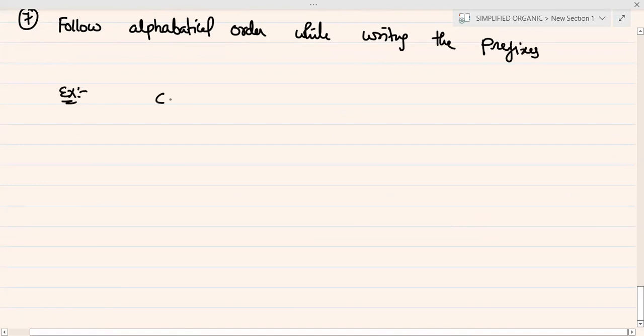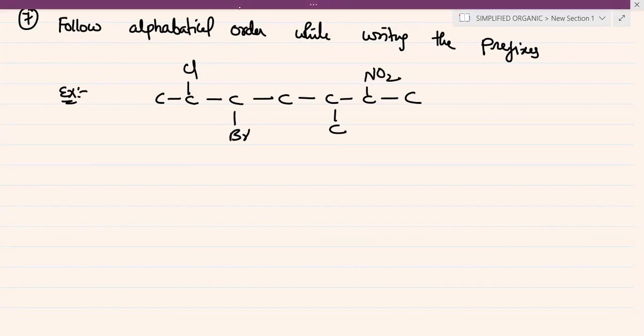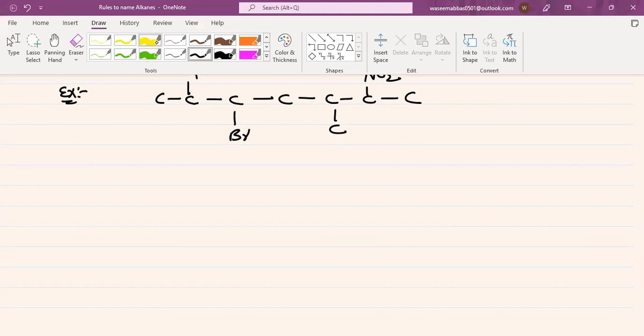For example, if I take this type of compound, somewhere methyl here, somewhere Br here, somewhere Cl here. These types of compounds do not exist. These are just for practice. Okay, give me a moment.